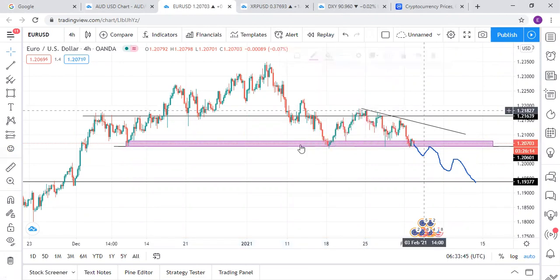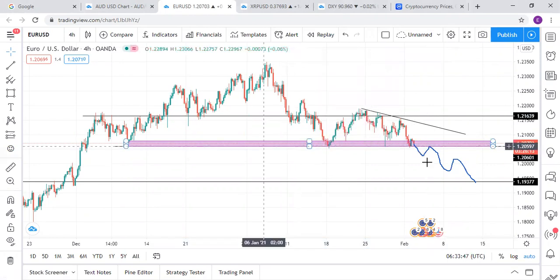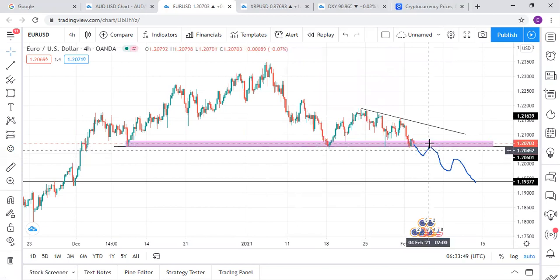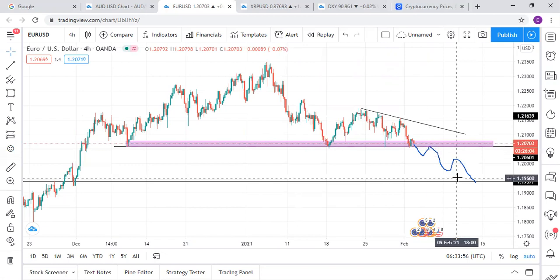The retest, the pullback, can be back to this area, then we have it continue to go downward.